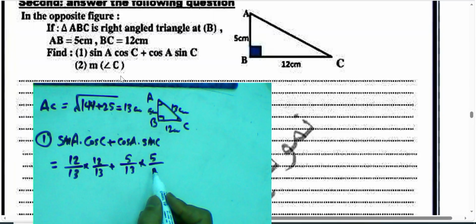Then we find sine A times cosine C plus cosine A times sine C. Sine A is opposite over hypotenuse, 12 over 13, times cosine C, adjacent over hypotenuse, 12 over 13, plus cosine A, adjacent over hypotenuse, 5 over 13, times sine C, opposite over hypotenuse, 5 over 13.